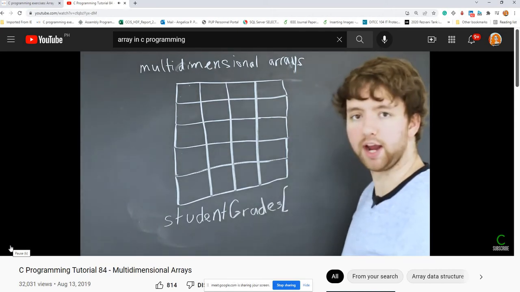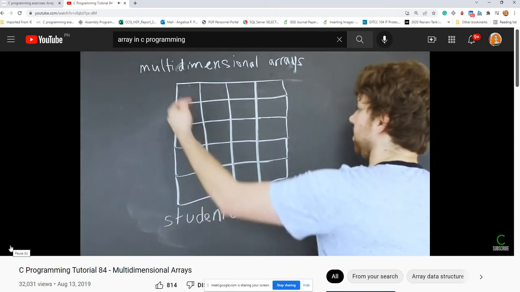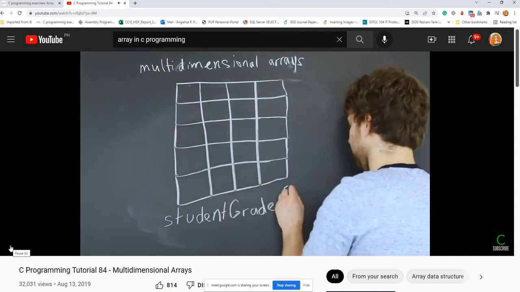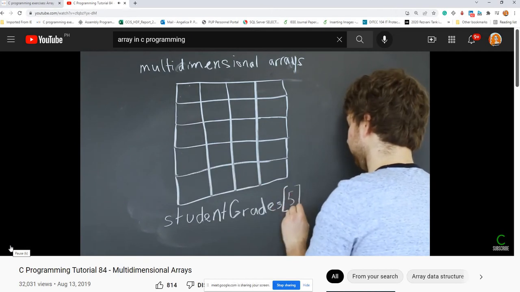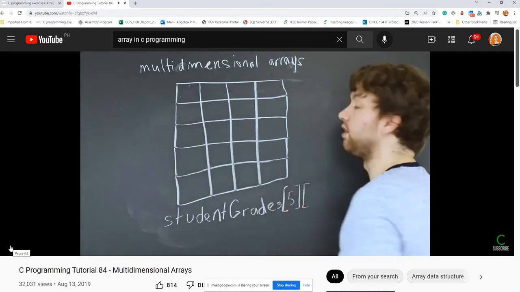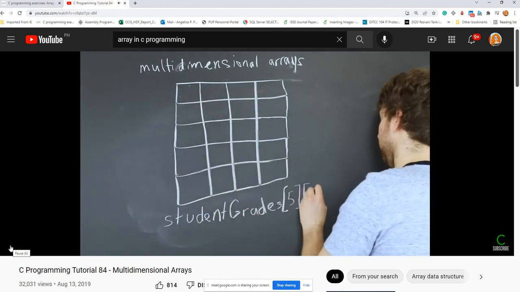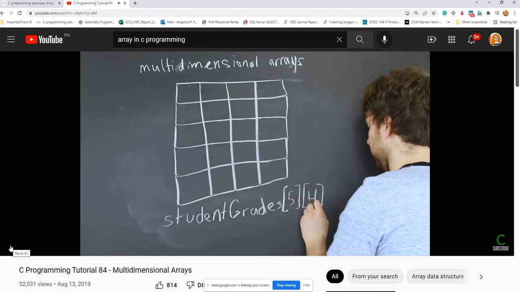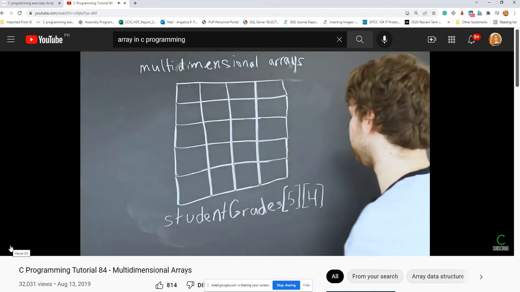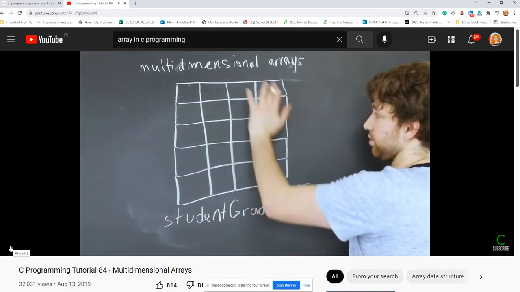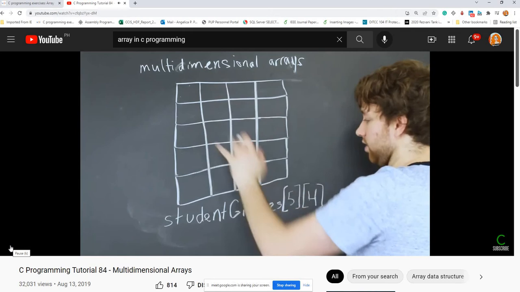So the first square bracket refers to the rows. So how many rows are there? The answer is 5. The next one is how many columns, which there's 4, so there's going to be 4 grades. Beautiful. So this would give us this structure, which we can visualize in our head as such.